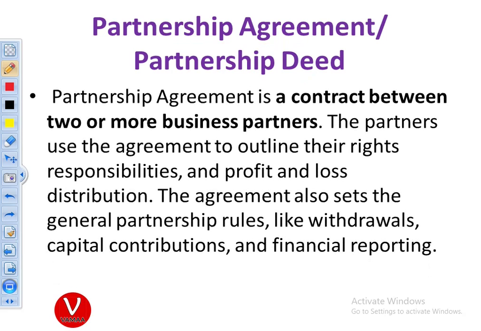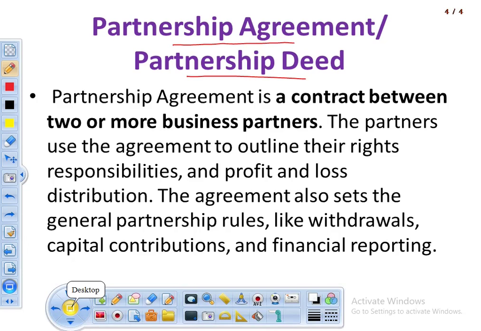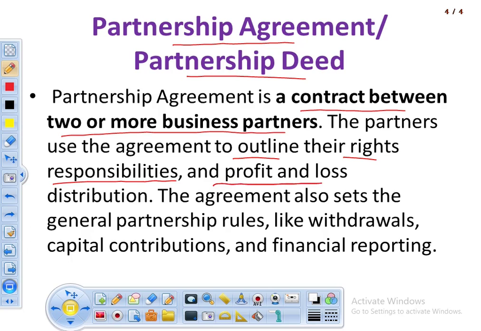The partnership agreement is a contract between two or more business partners. Okay. So when they enter into partnership, they make a contract, and that contract gives you the outline of rights and responsibility. Yeah? So what are the rights and what are the responsibilities of the partners? It also tells you how can you share profit and losses between partners.